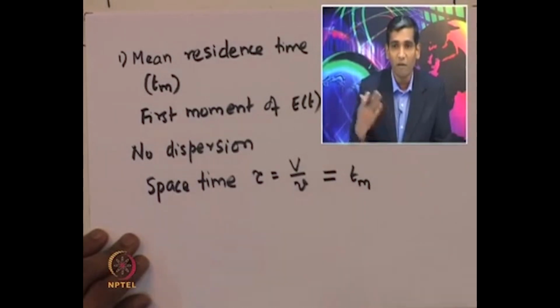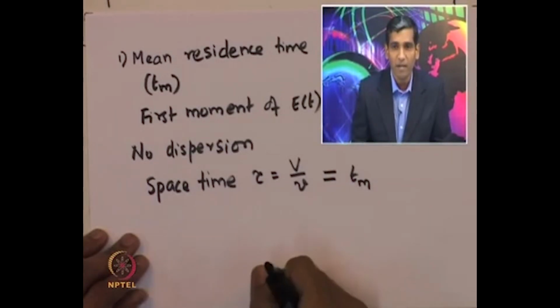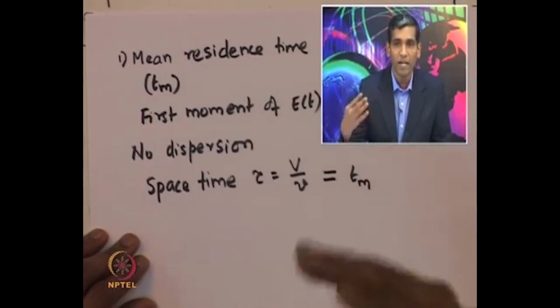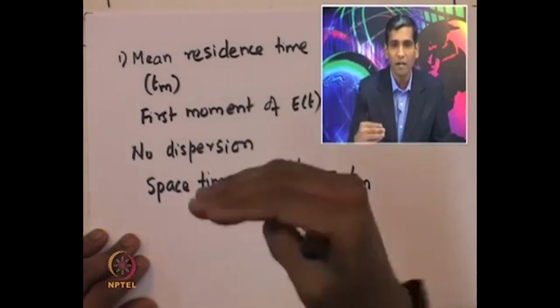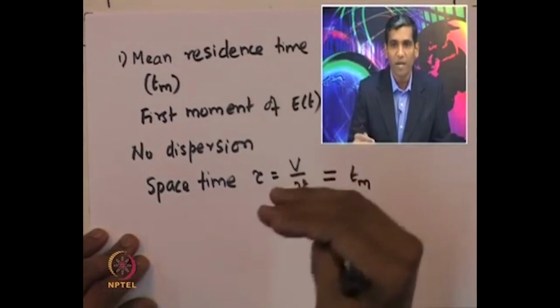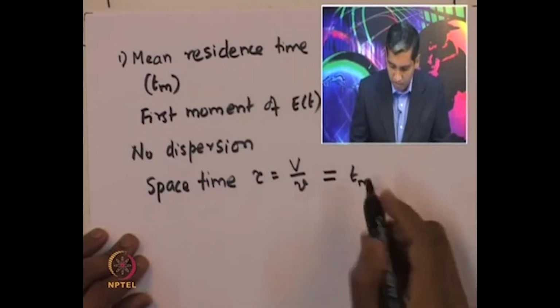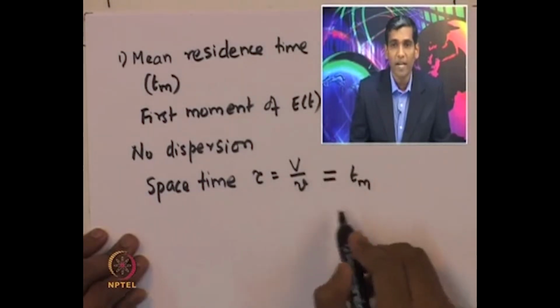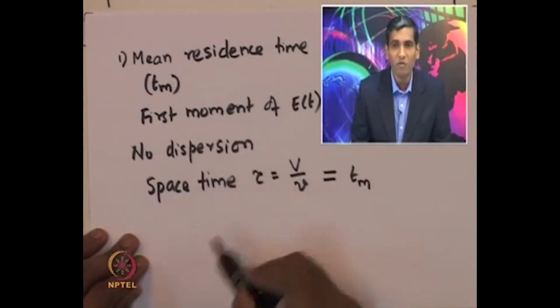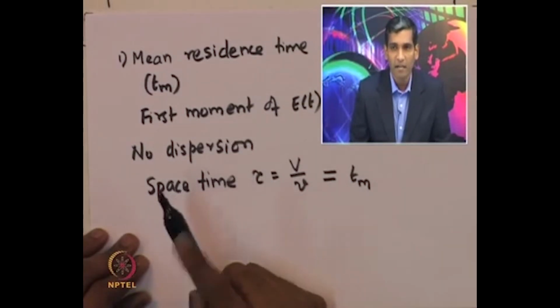Now, this is independent of any RTD function that represents the non-ideal behavior of the reactor under no dispersion conditions. Irrespective of the RTD function, the mean residence time that we obtain would be exactly equal to the space time of the reactor itself.